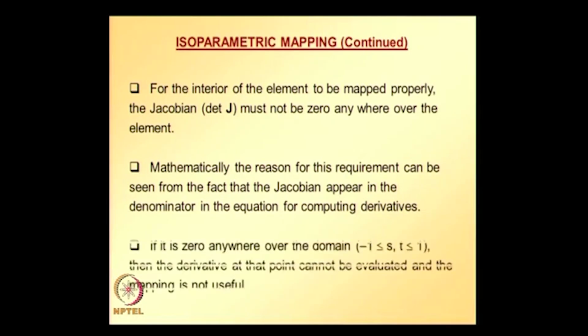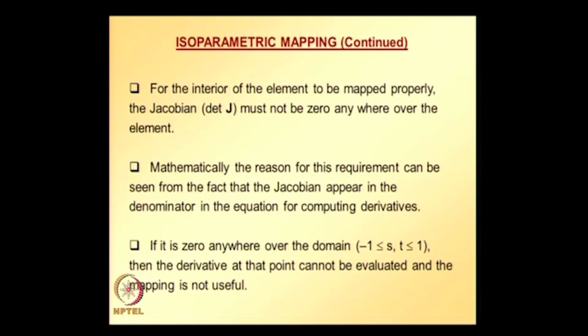So, if determinant of J is equal to 0 anywhere over the domain of the parent element, s going from -1 to 1, t going from -1 to 1, then the derivative at that point cannot be evaluated and the mapping is not useful, because 1 over 0 is infinity.